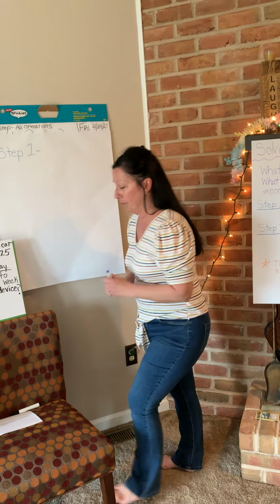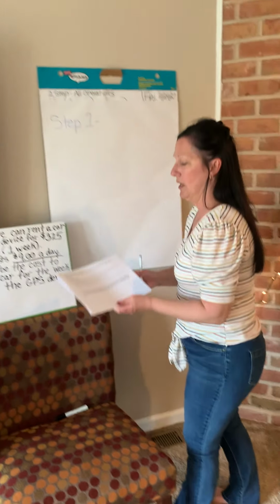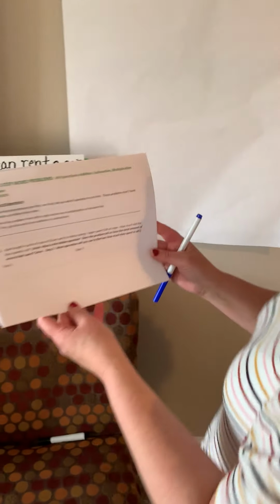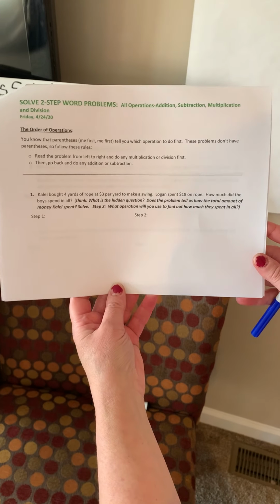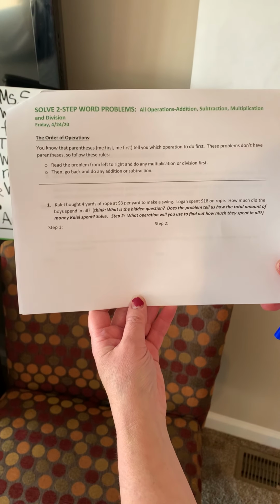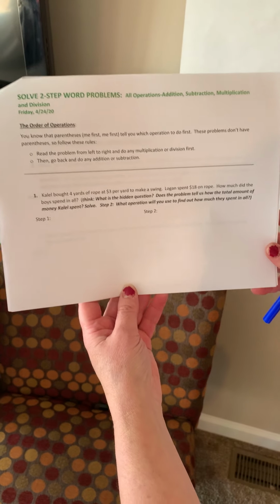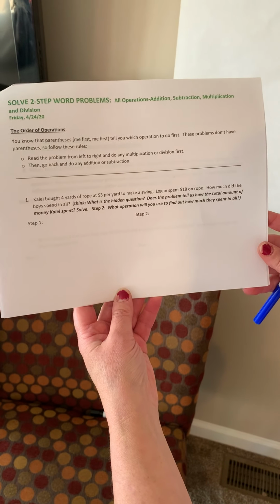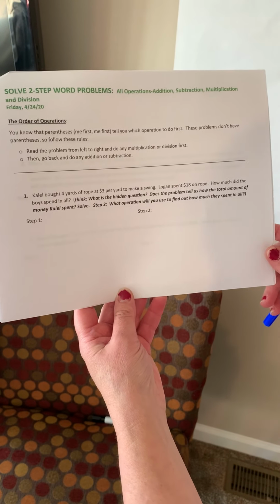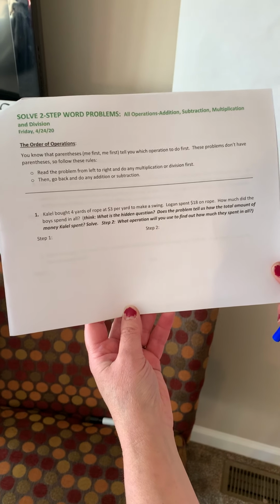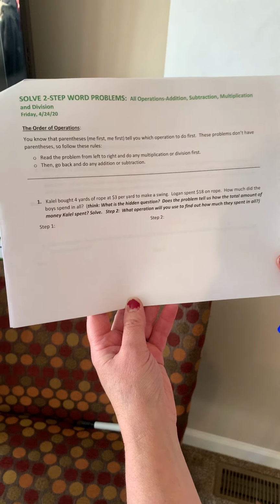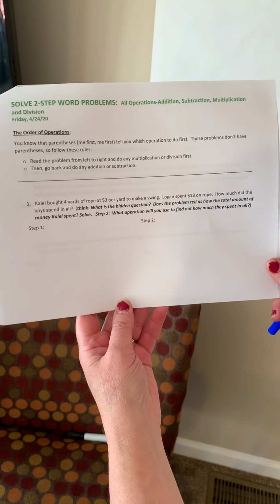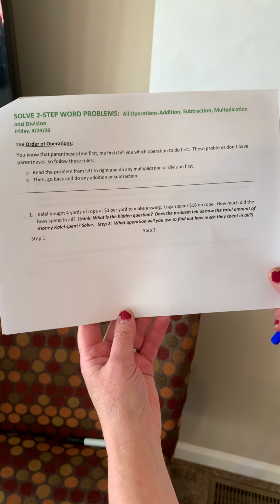Okay, so I'm going to have Colin zoom in one more time on your assignment sheet. Earlier in the year, we talked about the order of operations. You know that when we see parentheses, whatever was in the parentheses, we had to do first. Well, these problems don't have parentheses, so there are two simple rules that we need to follow.